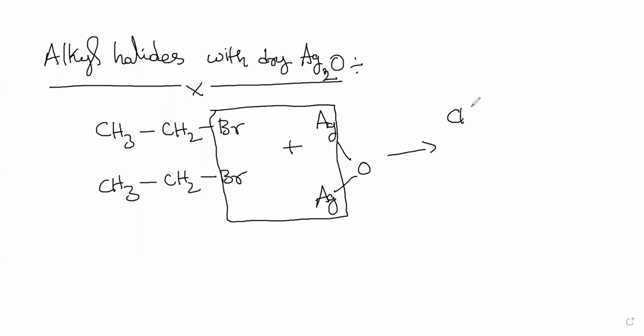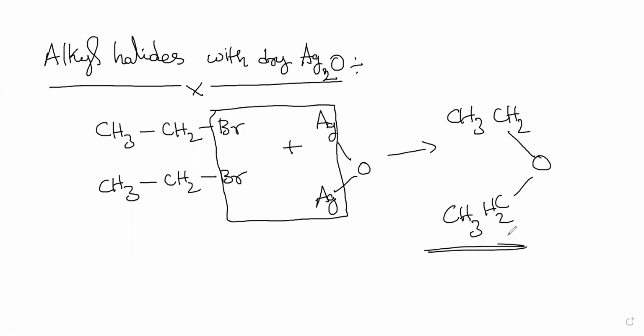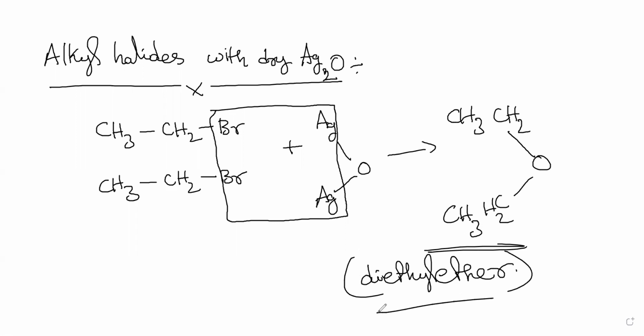So this is how you can remember: CH3CH2OCH2CH3. So this is my diethyl ether. Plus 2 AgBr.